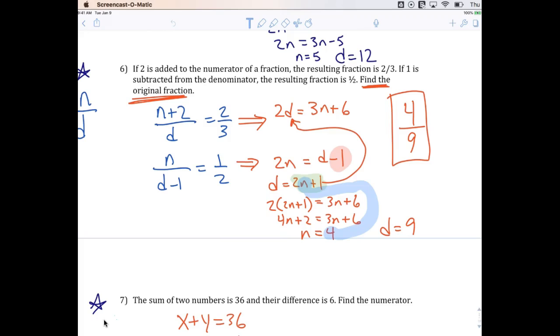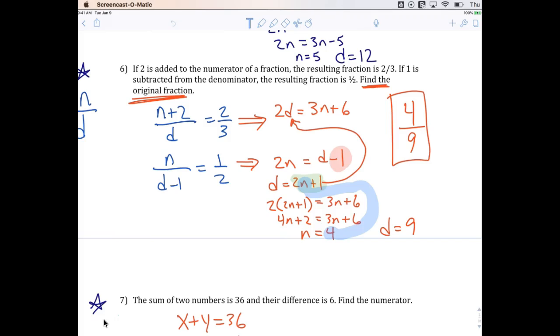All right? Now, when you write a fraction, remember, the fraction is written as n over d for numerator and denominator. Now, from there, it says if 2 is added to the numerator, that's your equation.